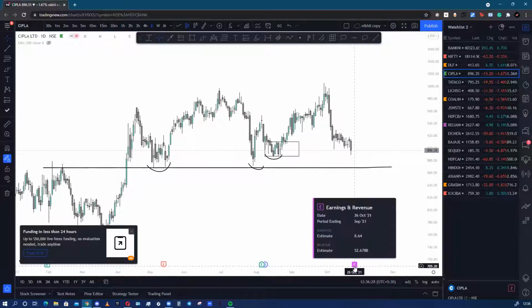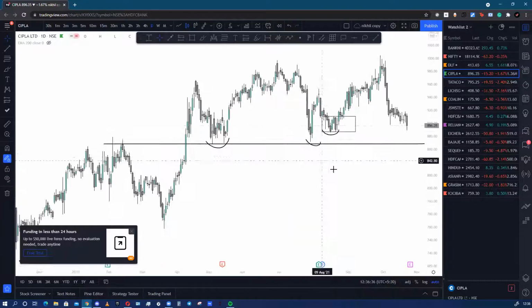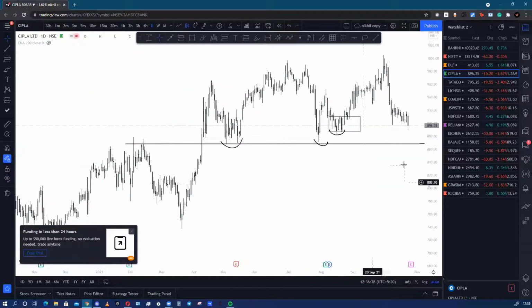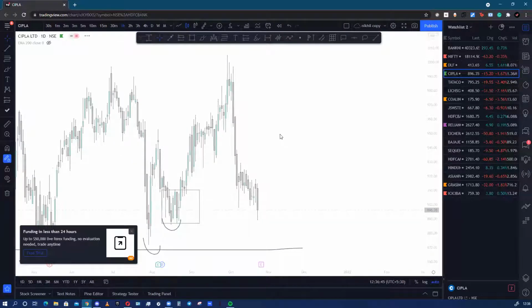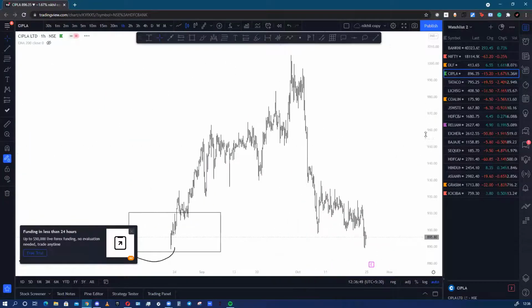Okay, if the results are good, I guess the estimation they are expecting is more than 52 billion. So if the results are good, we can look for a swing trade with that entire imbalance move as our target. So it will be a gap up mostly.